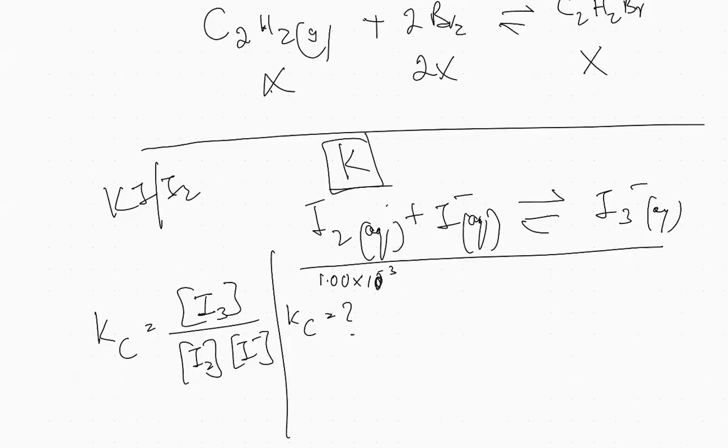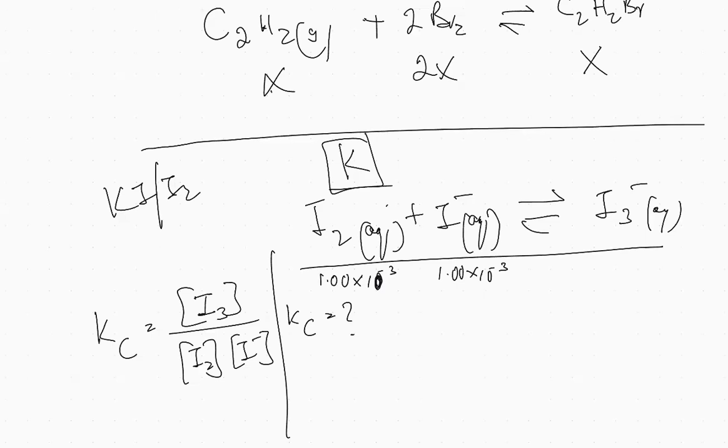And this also 1.0 times 10 to the negative 3. So both have equal concentrations at the beginning, initial.